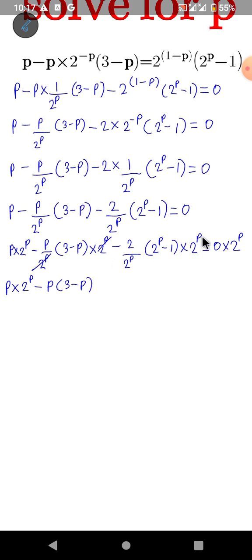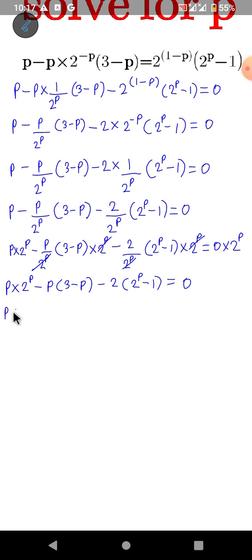Then also, we divide this again, so we are left with minus 2, open bracket, 2 raised to the power of p minus 1, all equal to 0 times 2 raised to the power of p will give me 0. So my next step now would be to open this bracket here. I'll continue.